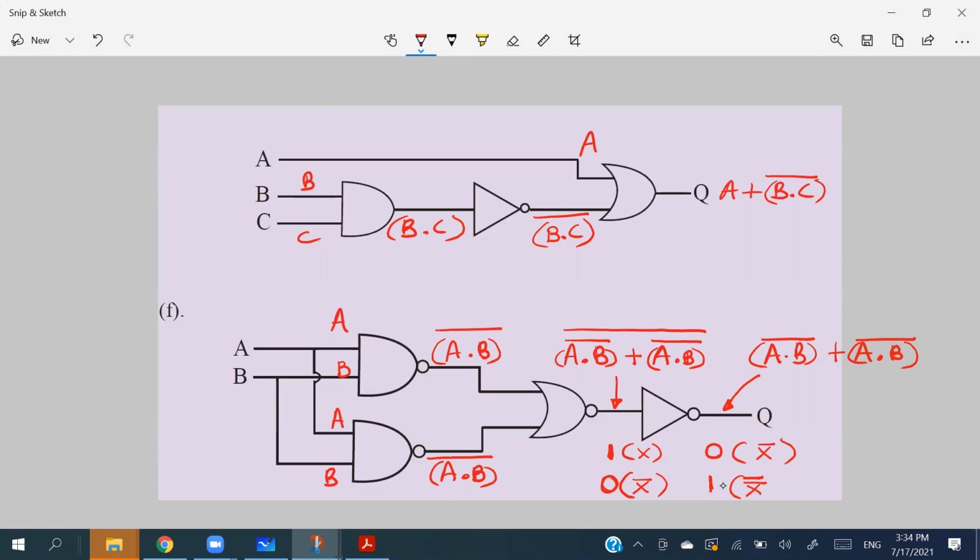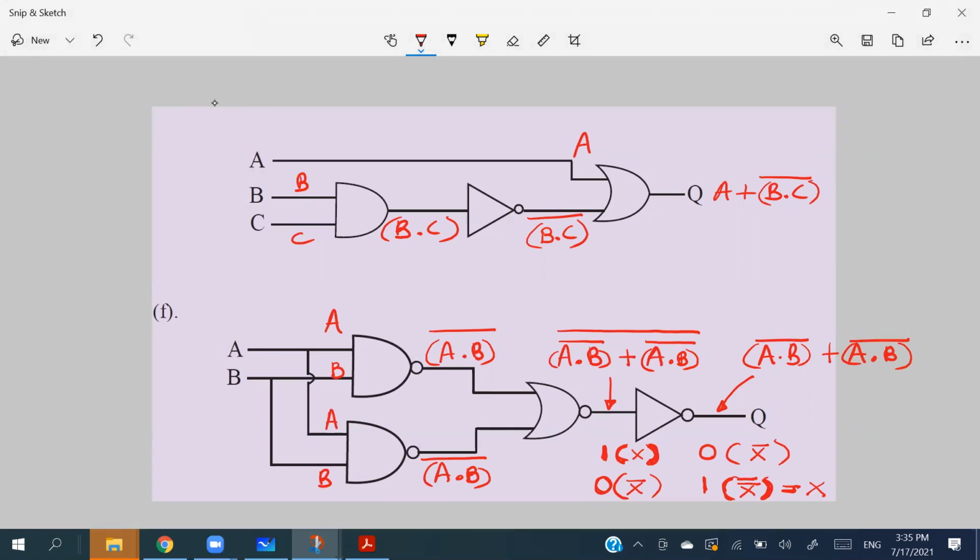So X double bar is the same as X, right? It's a theorem that we have: X double bar equals X. So that is why when there are two identical bars, those are cancelled, right? Okay.